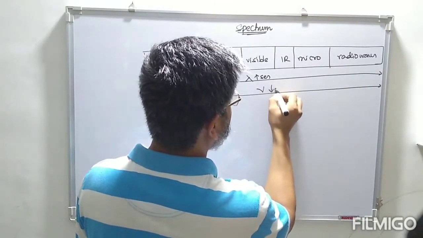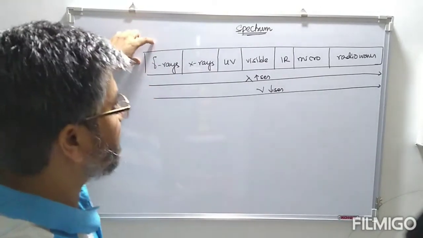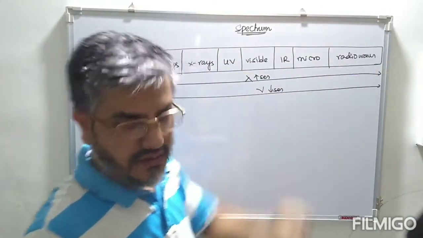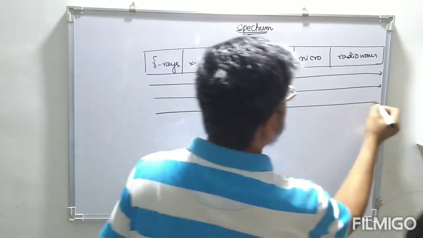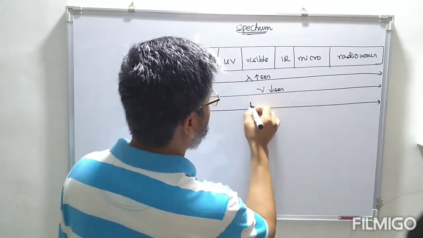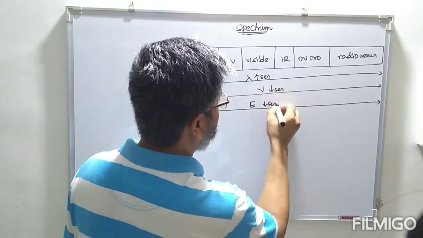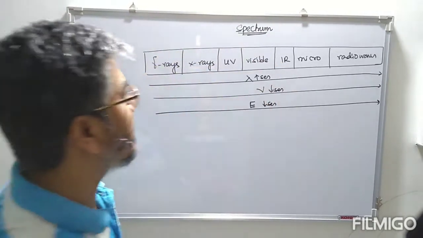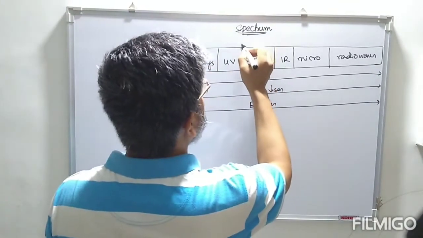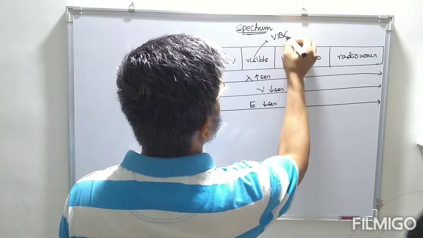So the maximum frequency is with gamma rays, and the minimum frequency is with the radio waves. And moving from gamma to radio, the energy of radiation also decreases. So this is what we call spectrum.